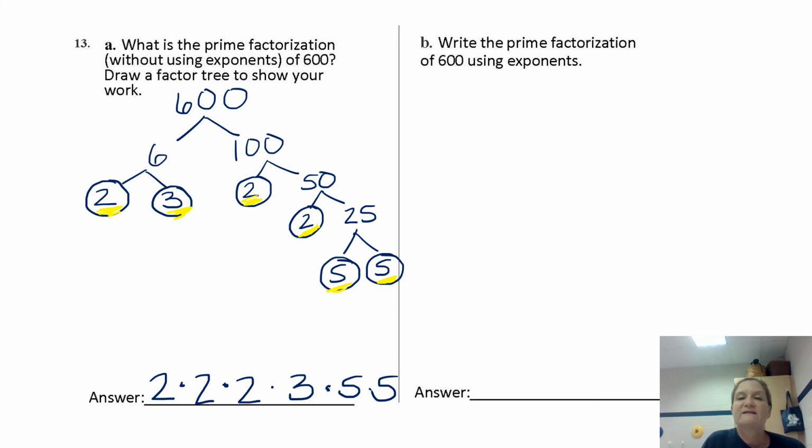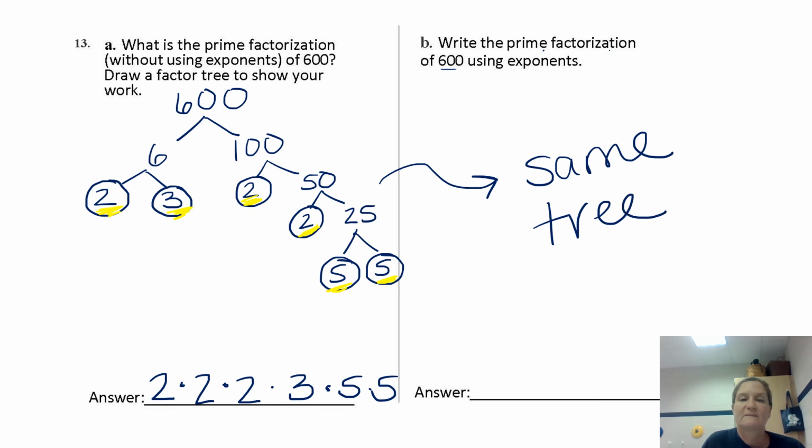All right, write the prime factorization of 600 using exponents. All right, so we have the same tree. And now I would write 2 to the third power times 3 times 5 to the second power.